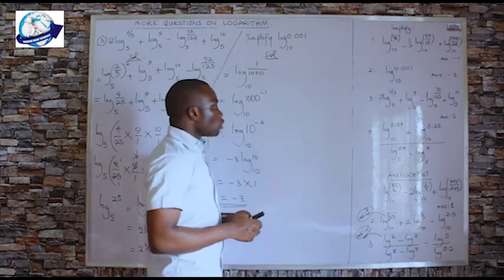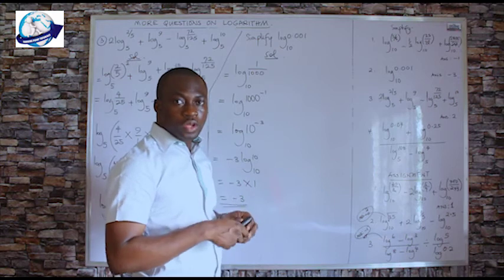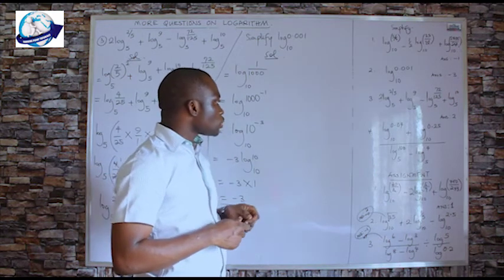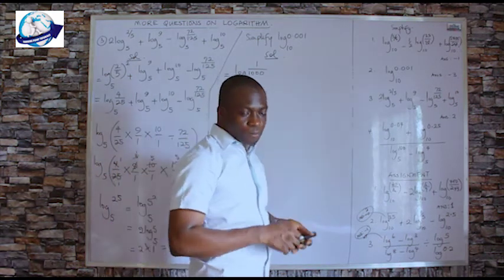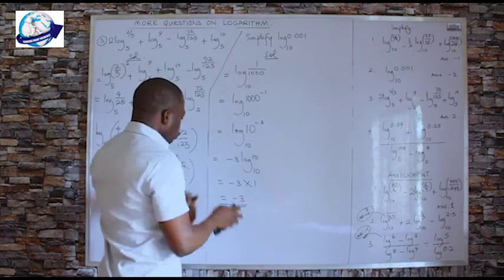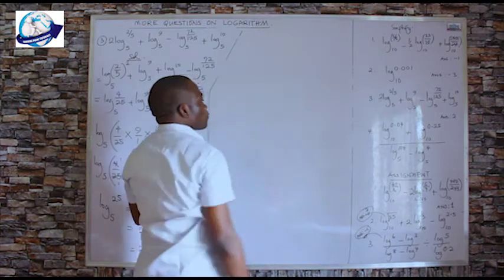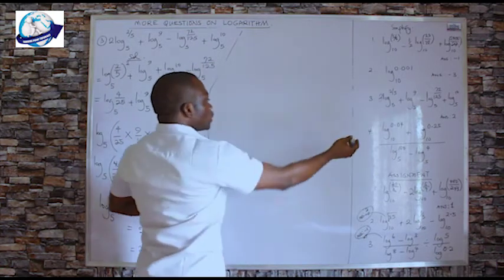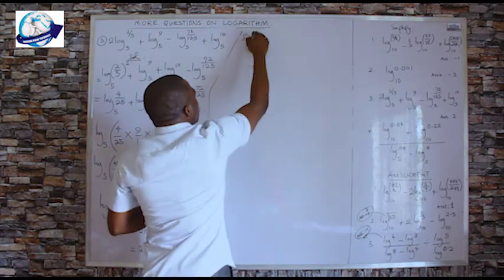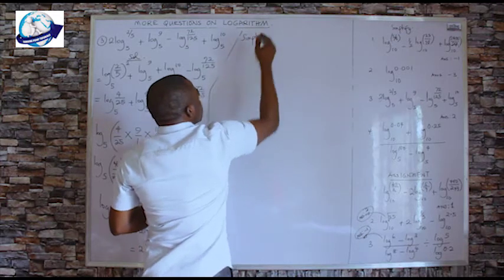Alright, now before we shift our ground into something else in logarithm, let's try to attempt this question number 4. I believe by this time I should wipe this off. So here we have the word simplify. Simplify the question.